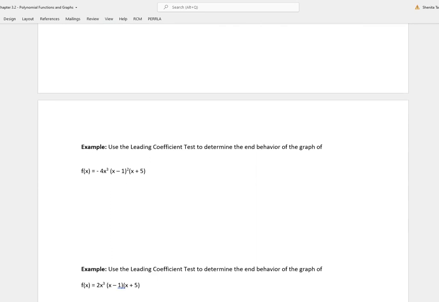So in this next problem, we're still going to do the leading coefficient test, but in this one it's in factored form. You don't have to multiply it out. Just leave it as is. This is factored form. Do not multiply out. Okay?